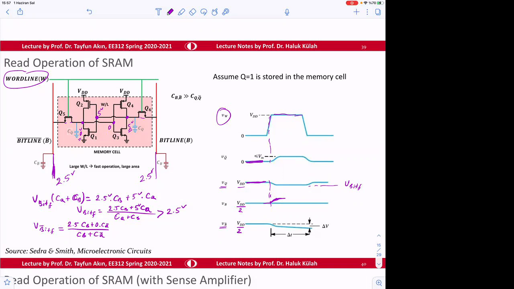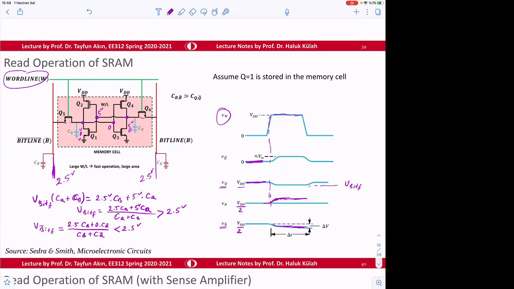If you look at this, this will be slightly less than 2.5 volt because of charge sharing. So this will be slightly less, okay? And then this is going to be slightly larger.